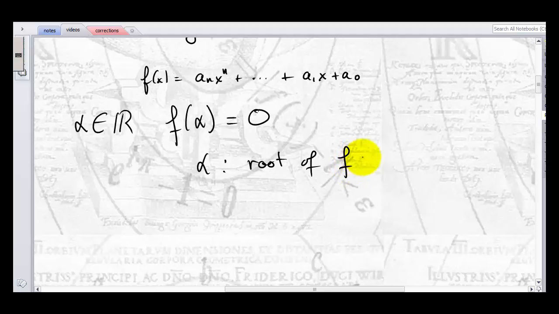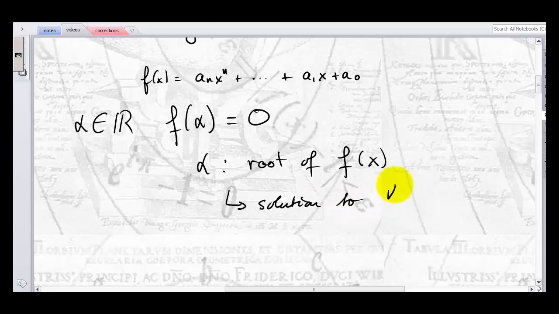such that f of alpha is equal to 0, well, alpha is called a root of f. It's called a root of f, okay? A root of the polynomial function, actually, we sometimes say a root of the polynomial function f of x. What is a root of the polynomial function f of x? It is a solution. A root is a solution to the equation f of x is equal to 0, right?